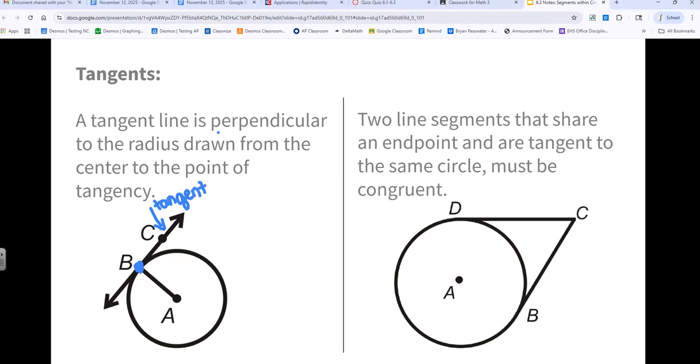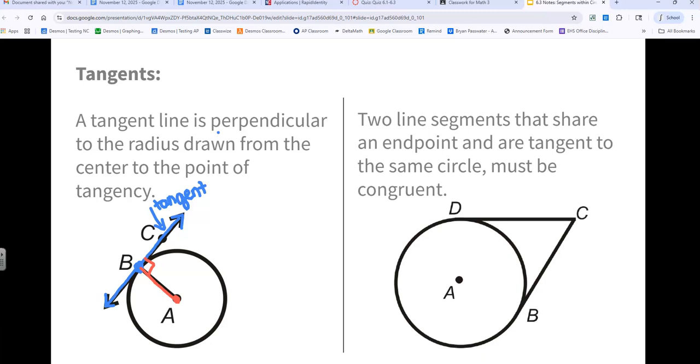All right? So this tangent line here is going to be perpendicular to the radius here at that point of tangency.